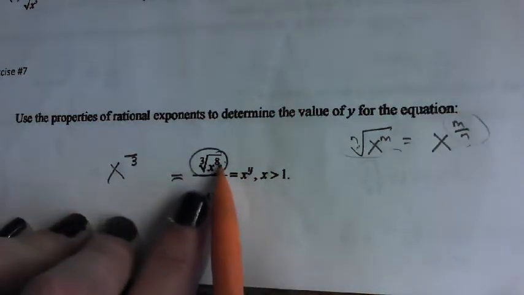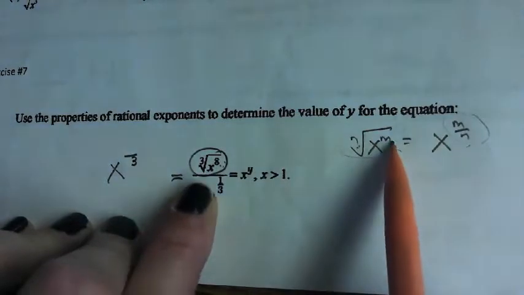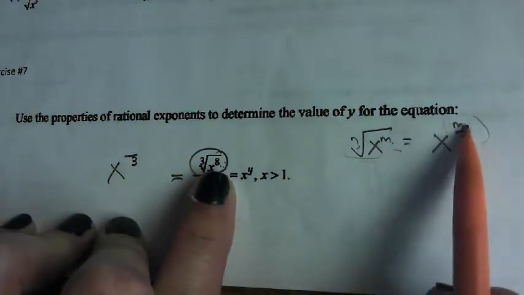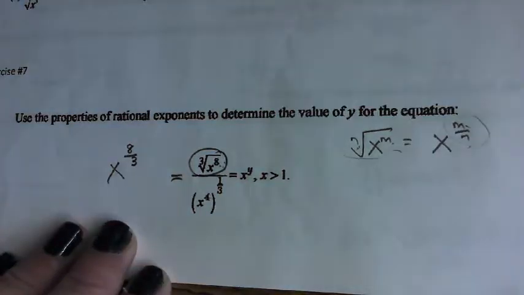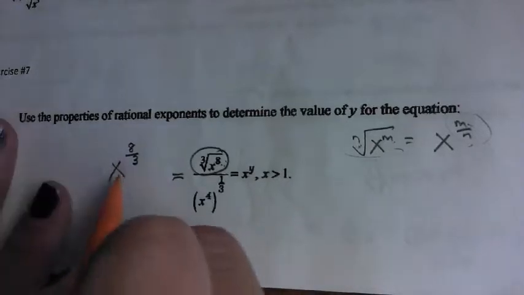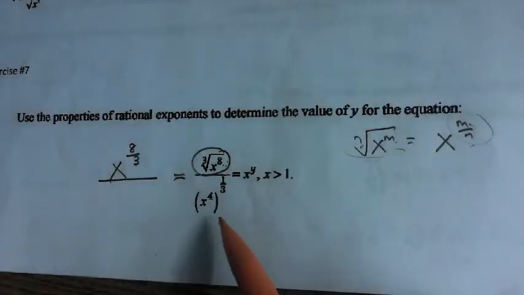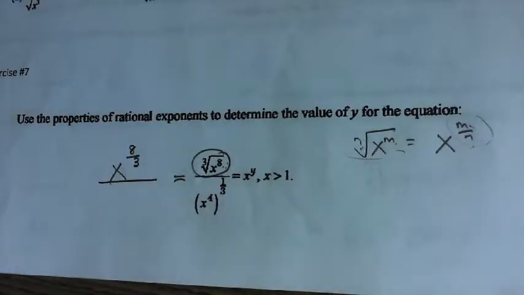The 8, Tess, that was the m in the m spot, do you see that? Went to the numerator. So x to the 8/3 is what that would be. And then in your denominator, it's already in exponent form, and we can just apply our first rule. When you raise a power to a power, you multiply.